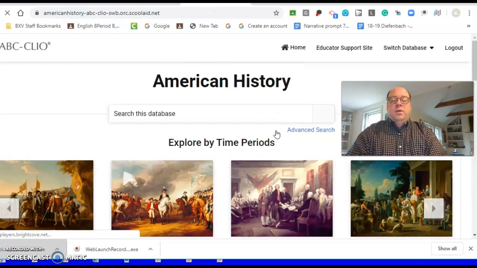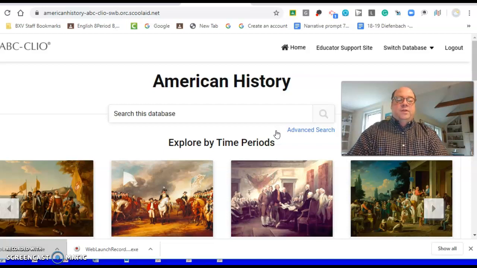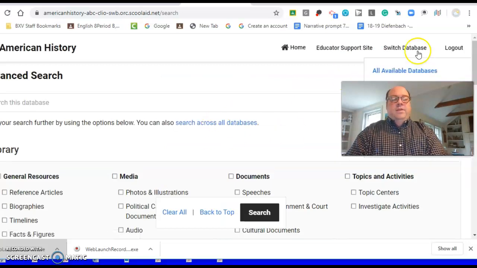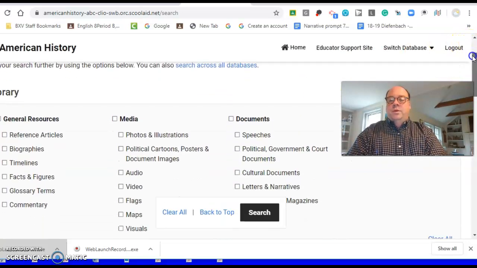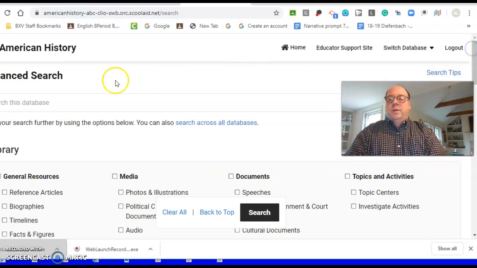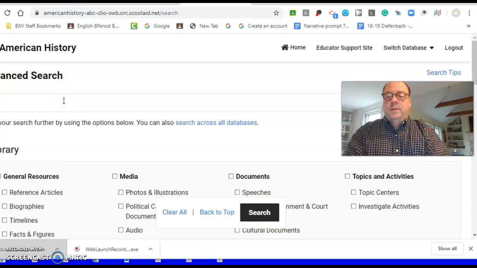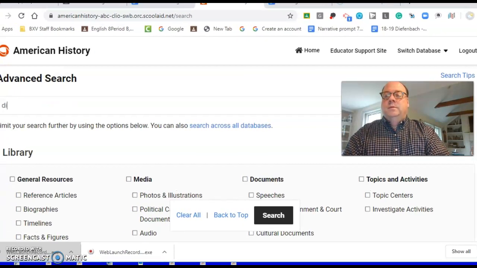And again, you're going to click on continue. And then it goes to time periods. Now, since I want to specifically choose an issue to research, I'm going to click on advanced search here. And as I go through each one of these, say my issue is, let's just choose one, discrimination.